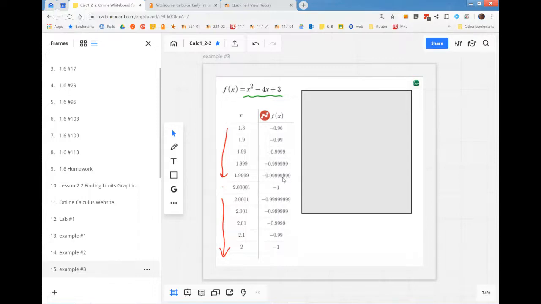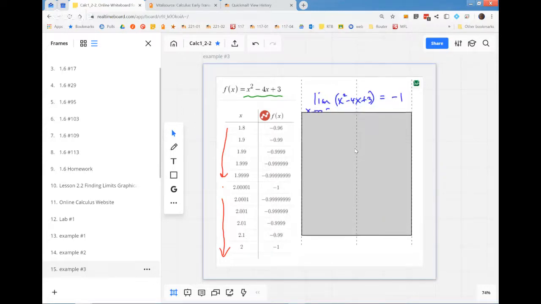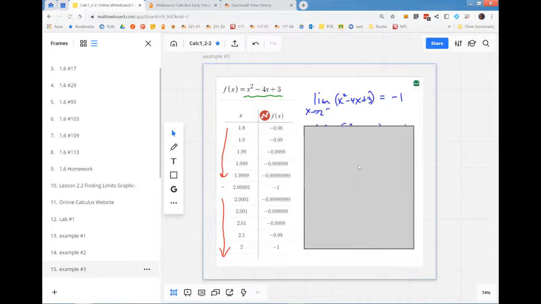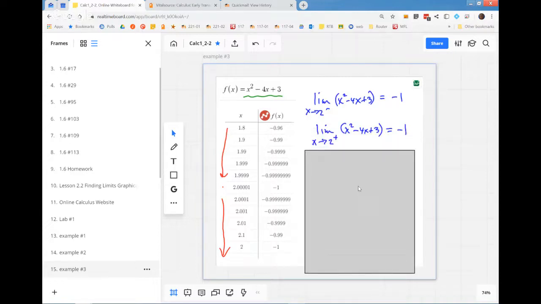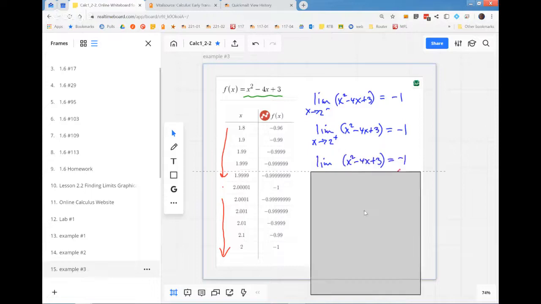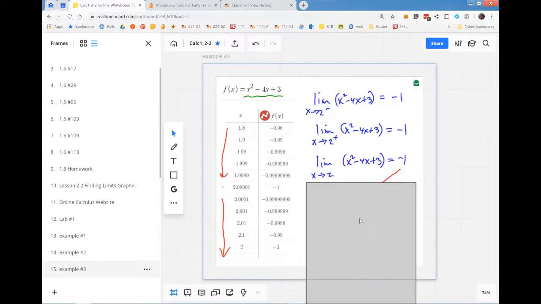You see how it's almost -1? Likewise, as you start a little bit above 2 and head back, where does it head? Looks like -1 in both cases. So the left-hand limit is -1, the right-hand limit is -1. They both agree, so the overall limit is -1.